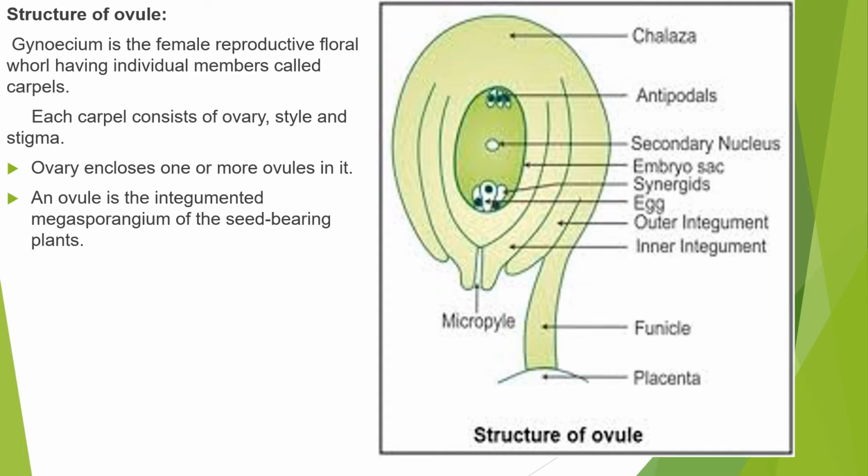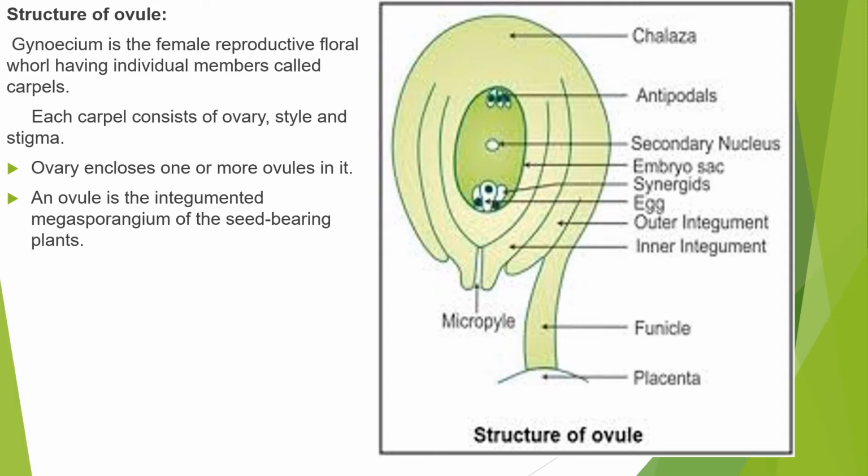The nucellus is the central body of the ovule, which is covered by integuments, the outer integument and the inner integument. Mostly angiospermic ovules show two integuments, hence it is called a bitegmic ovule. The integument does not surround the nucellus completely but leaves a small pore or space for the entry of pollen tube, that is called micropyle.